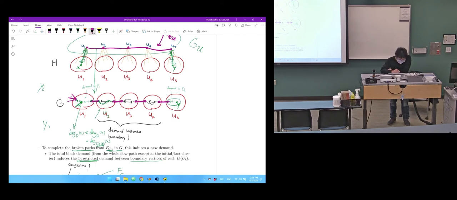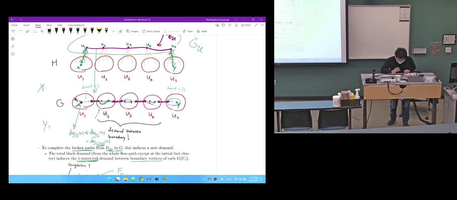It's going to be at most the number of battery nodes incident to it, right? Because when X needs to send something outside the cluster, you need to send it through the battery edges.